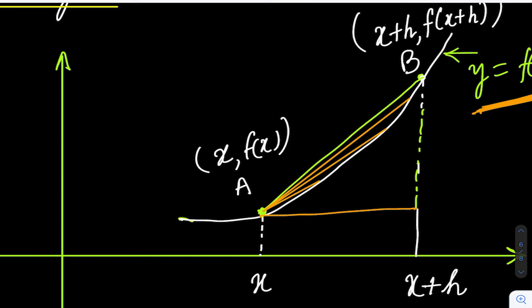If I keep on decreasing h, then at some point when A and B are very close, this chord will suddenly become a tangent. So this is the basic concept. You keep on decreasing h to such a level that it becomes a tangent.